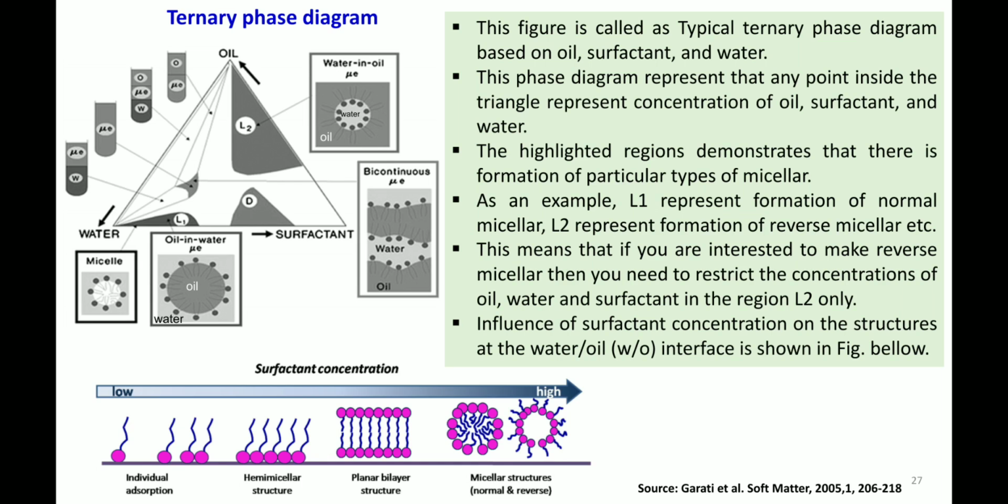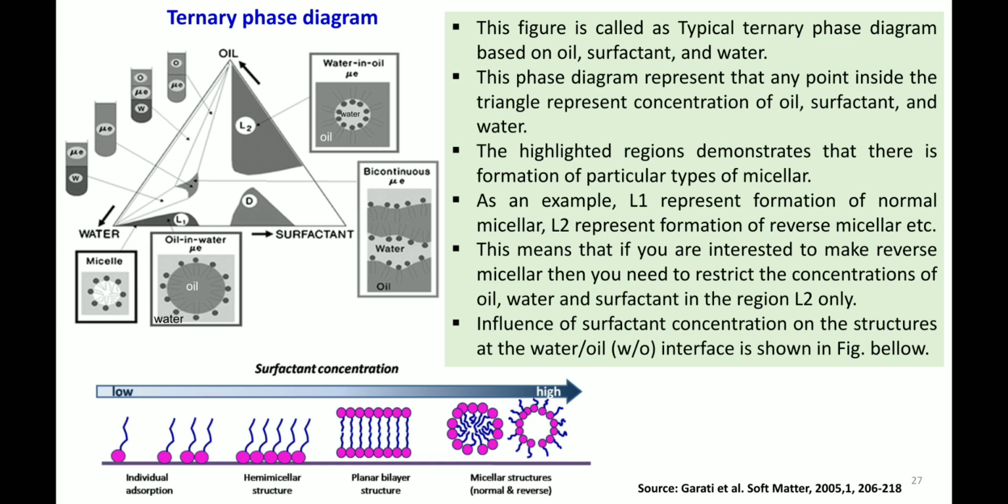In the L2 region, what you can see is the formation of reverse micelles. This means that if you are interested in making reverse micelles, then you need to restrict the concentration of oil, water and surfactant to the region L2 only.